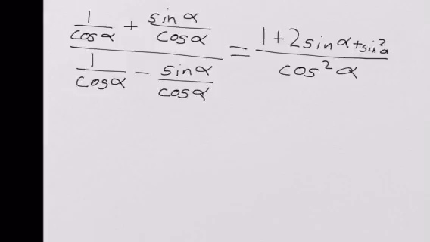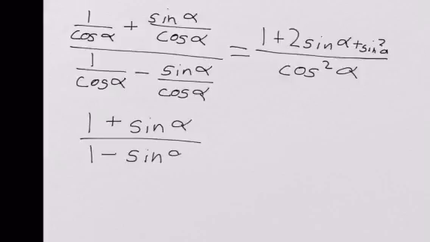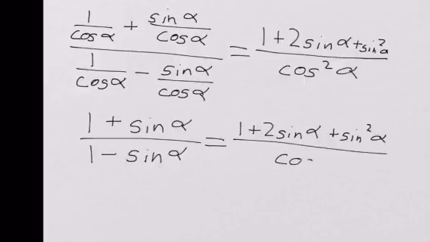So, on the left-hand side now, I can multiply both the numerator and the denominator by cosine of alpha, leaving me with 1 plus sine alpha over 1 minus sine alpha is equal to 1 plus 2 sine alpha plus sine squared alpha over cosine squared alpha.